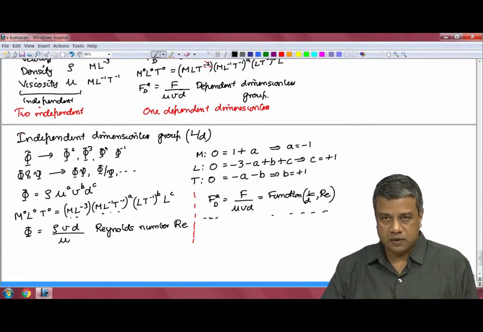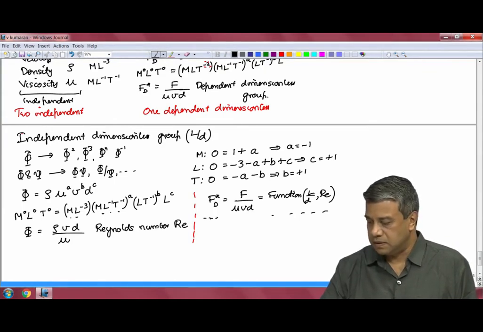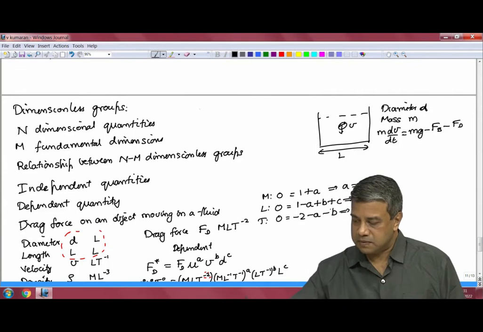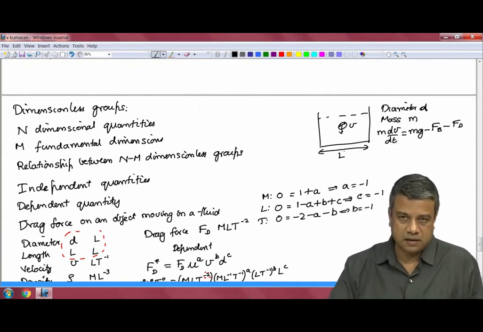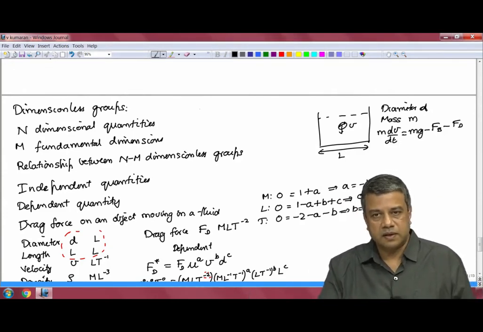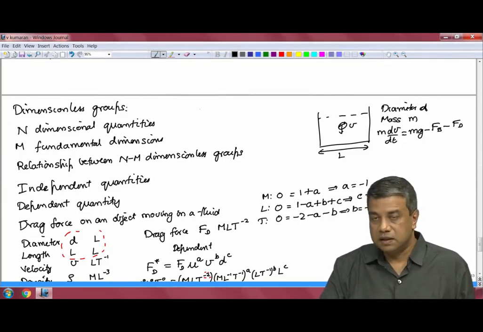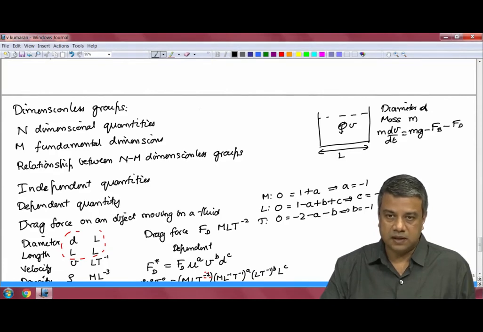We can do a little more as far as this is concerned. First of all, if the particle diameter is much smaller than the length of the tank, let us assume that you have a small particle in a very large tank. In that case, the flow field around the particle locally, on a scale comparable to the particle diameter, will not be affected by the boundaries of the fluid, which are very far away compared to the particle diameter.